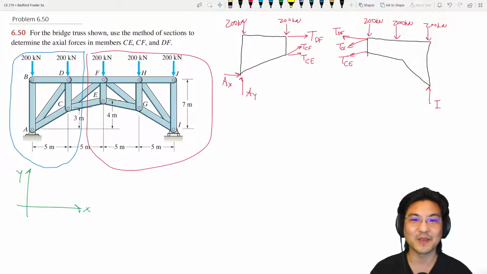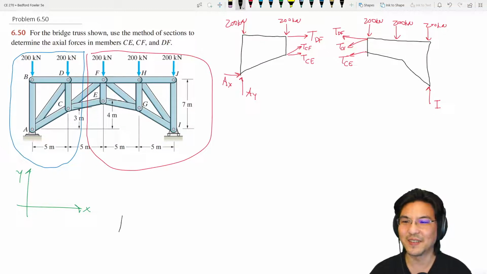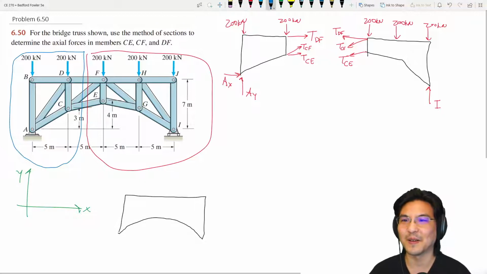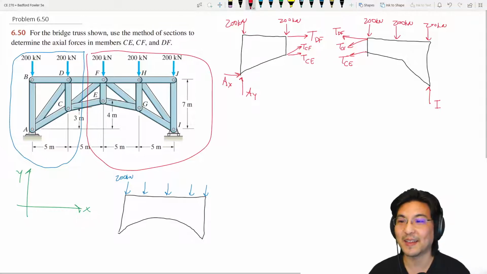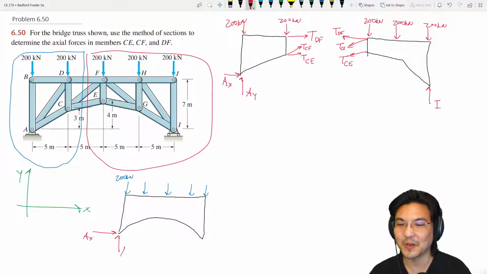That something else is I can draw the free body diagram of the entire structure. Right, so the entire structure, whatever it looks like, not exactly, but it's kind of like this. And then there are the 1, 2, 3, 4, 5 loads, 200 kilonewtons each. And then there's that pin at A, which I'll decompose into X and Y components.